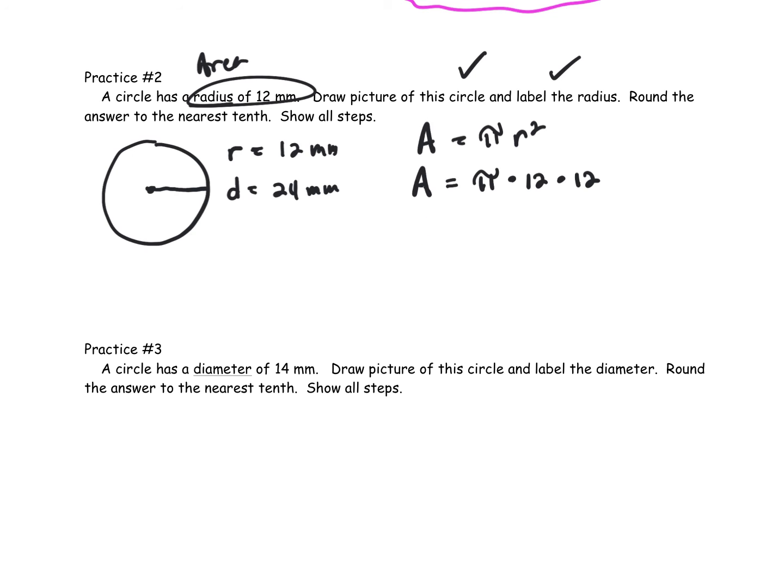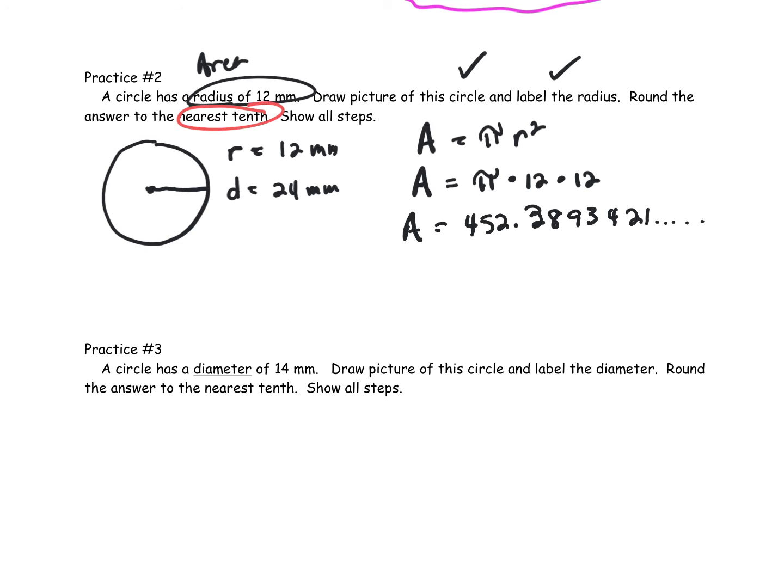So the area right now, what we have in our calculators, is area equals 452.3893421. And this goes on, but that's as much as the calculator is capable of giving us.